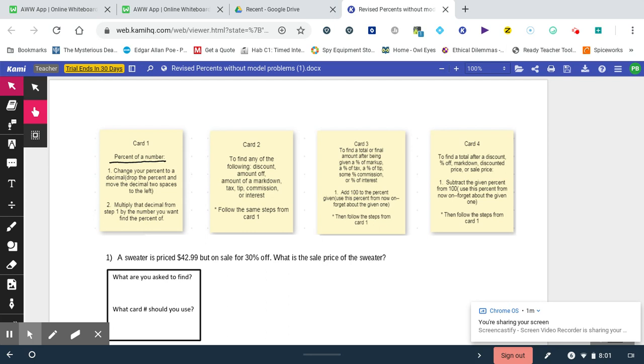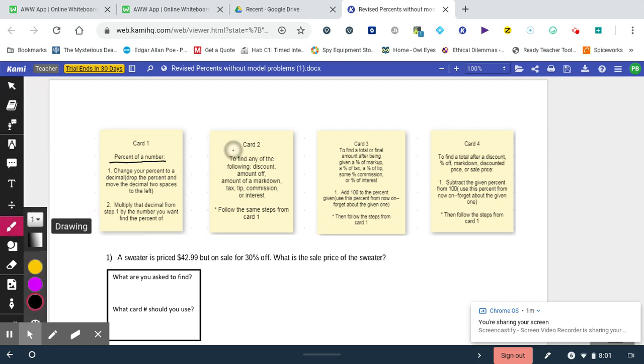All right, card 2. To find any of the following, such as a discount, amount off, amount of a markdown, and if you take a look at just those 3, they simply show a reduction in something. Something has been reduced, okay?